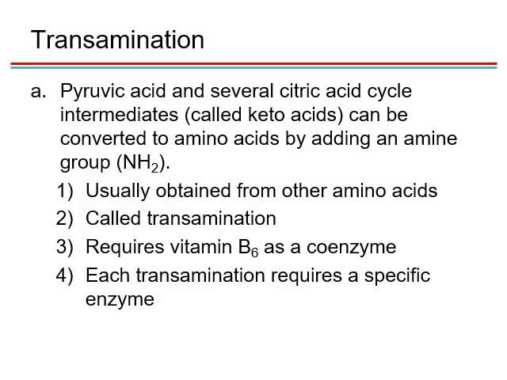So how do we make these amino acids? These non-essential ones, you see a process called transamination. And many of the amino acids are going to be made from those intermediates in the citric acid cycle.